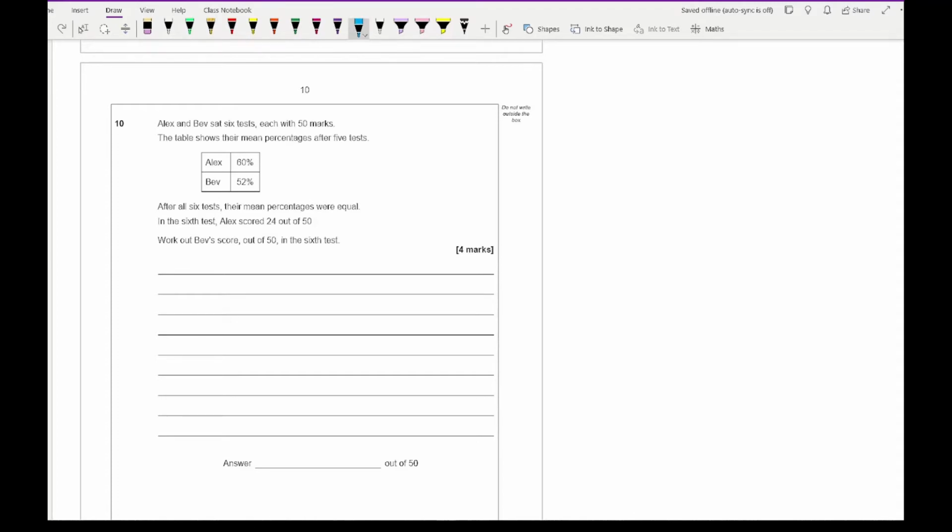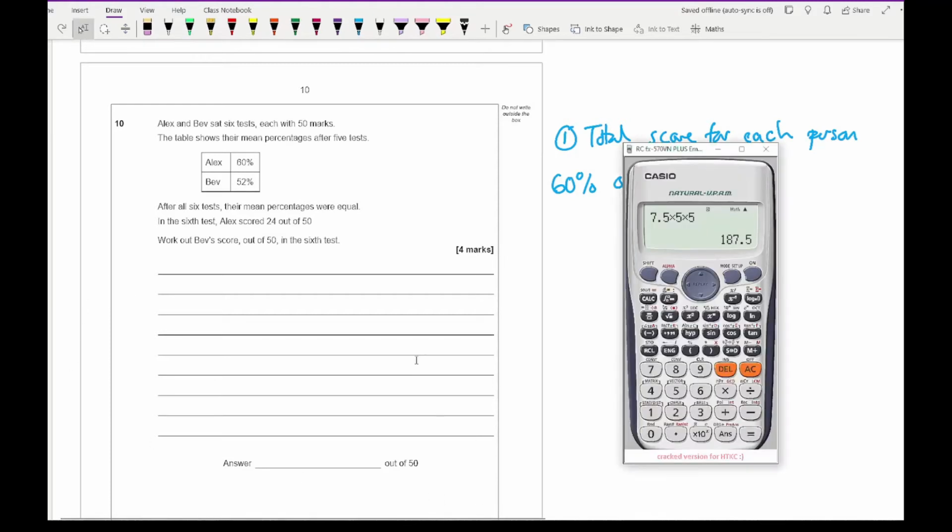let's work out first what the total score for each person is. So for this we've got 60% of 250, because that's the total marks, and if we work out what 60% of 250 is, 250 multiplied by 0.6 equals 150.